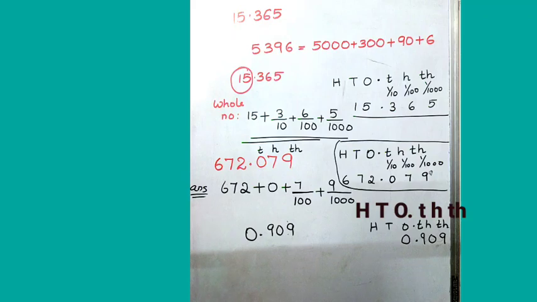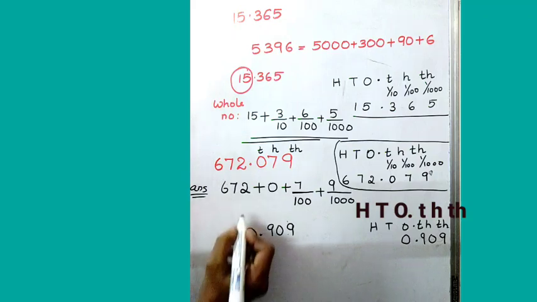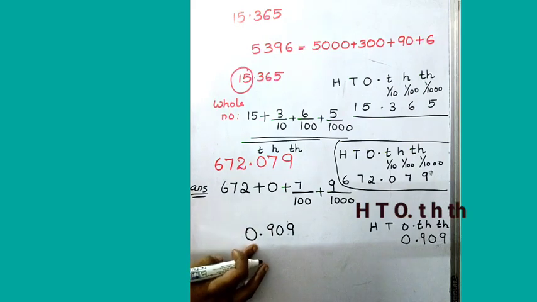Then how will the answer become? How do you write the expanded form? Instead of the whole number, there is 0, so never need of writing this 0. We have to avoid this part.